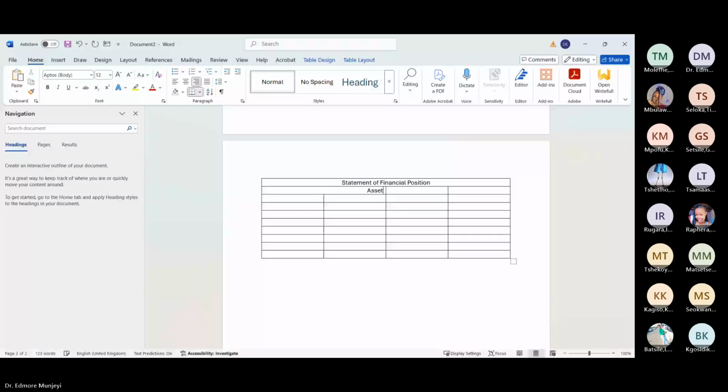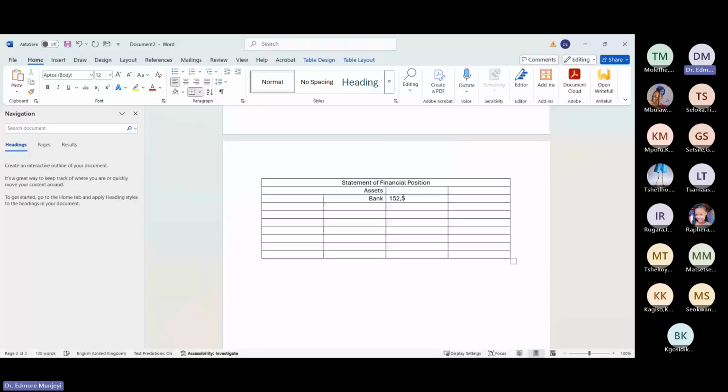That's the bank. Our bank has a balance carried down of 152,500. Bank 152,500. We have 152,500. Financial position.